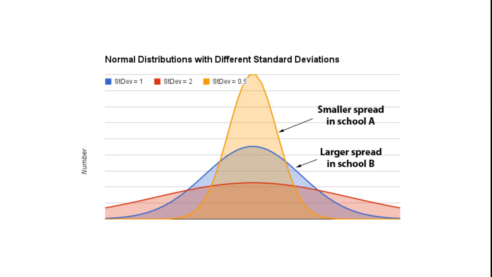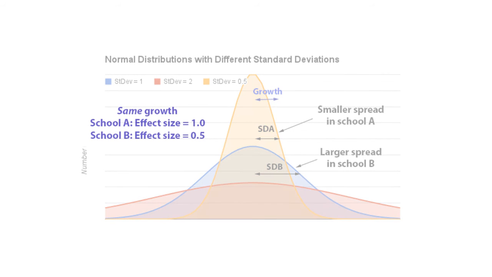If the spread of scores is larger in one school than another, the denominator in the effect size calculation is larger. So for example, if there is the same progress in School A as School B, but School B has a higher spread, students in School B will have a smaller calculated effect size. Obviously, this is misleading.